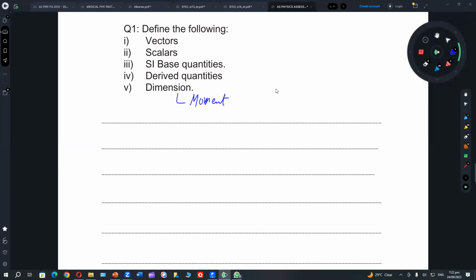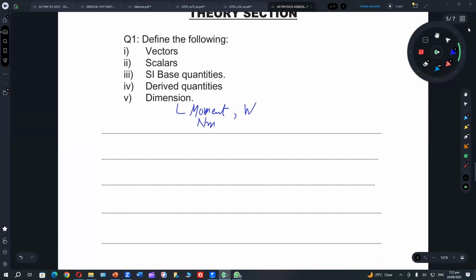For example, moment is Newton meter and work is also Newton meter.